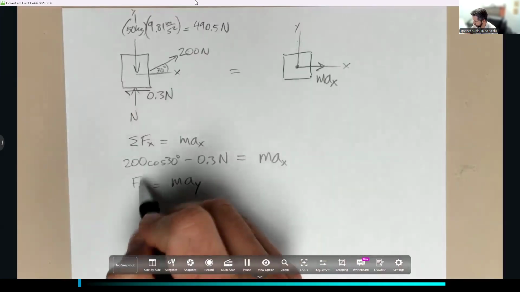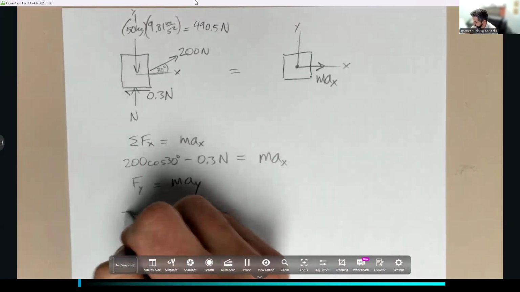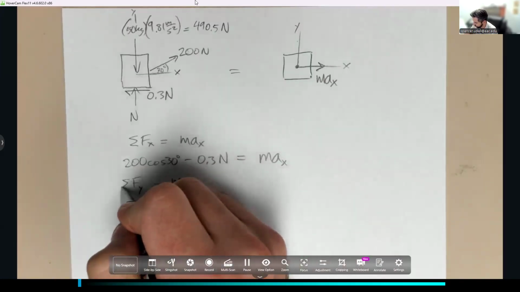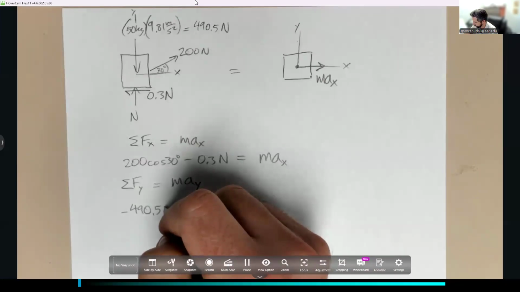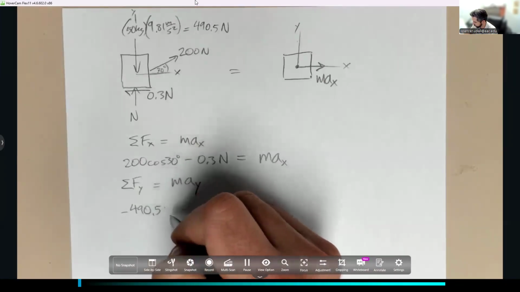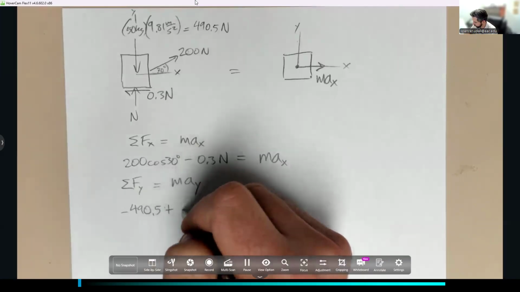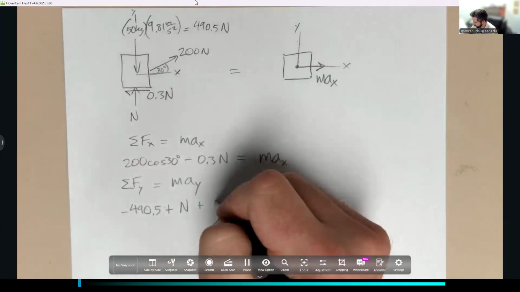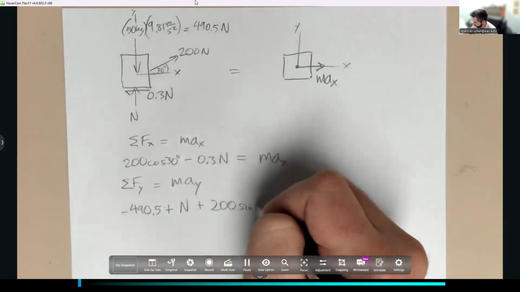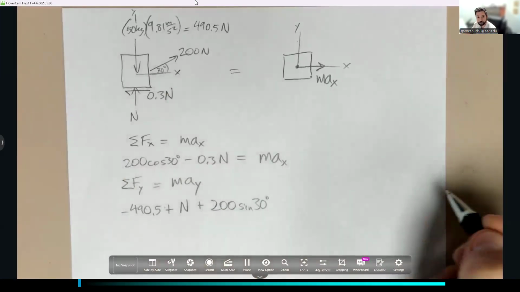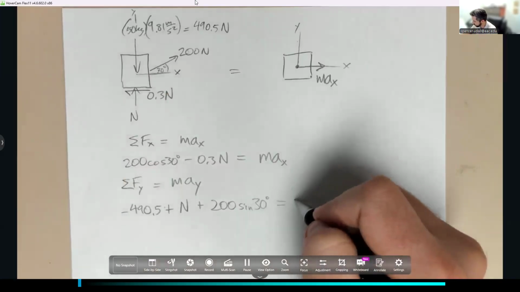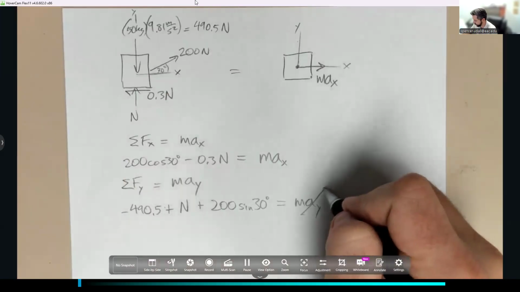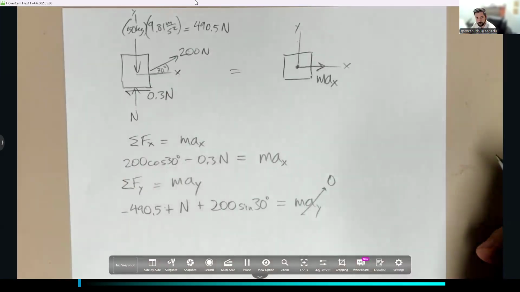And solve some more. So in the y direction, what are our forces? Sum the forces in the y. Oh, I forgot my little sum symbol there. Negative 490.5 plus the normal force plus 200 sine 30 equals may, but we don't have any ay, so that's going to be 0.